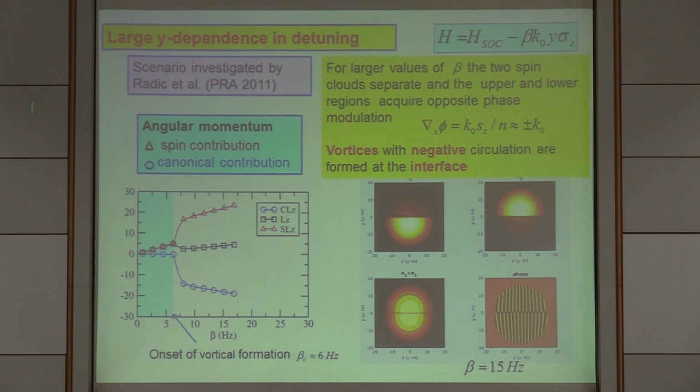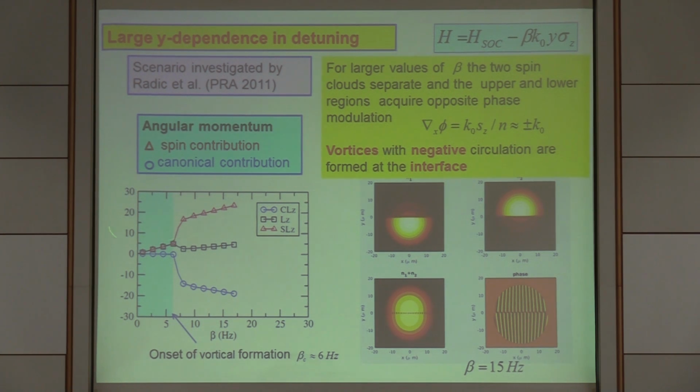And you see that when beta is larger than the critical value, you find a very interesting phenomenon. The two spin clouds separate in a rather significant way. They move one with respect to the other in a significant way, and the spin contribution to angular momentum becomes very large. You have a jump of a factor 3 with respect to the case just below the transition for the formation of vortices.